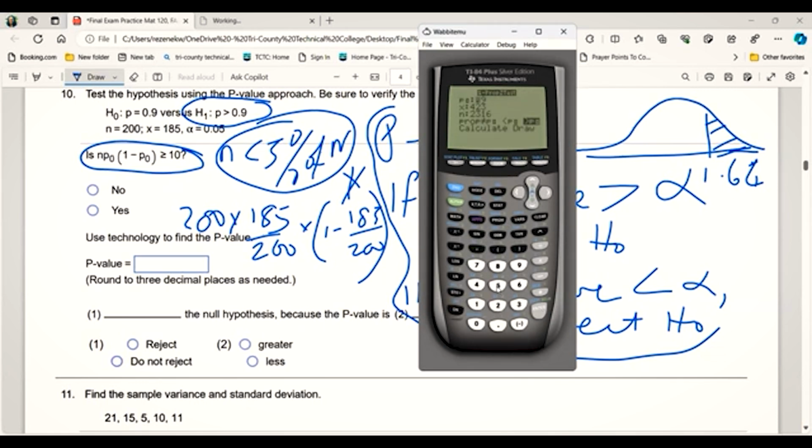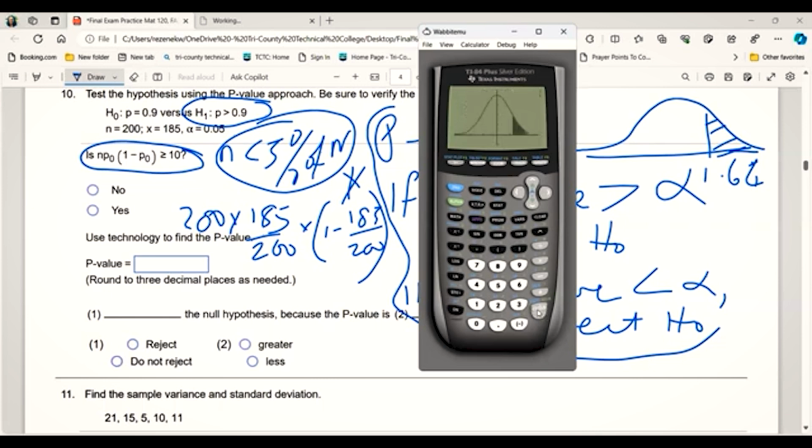The status quo is 0.9. Okay, you know what? I have to put in the actual data, because the one I put in now is the one I did before. No wonder it was too beautiful. I'm doing a right tail again, because the data I used here were the old data. I'm using the new data right now. So sorry about that.